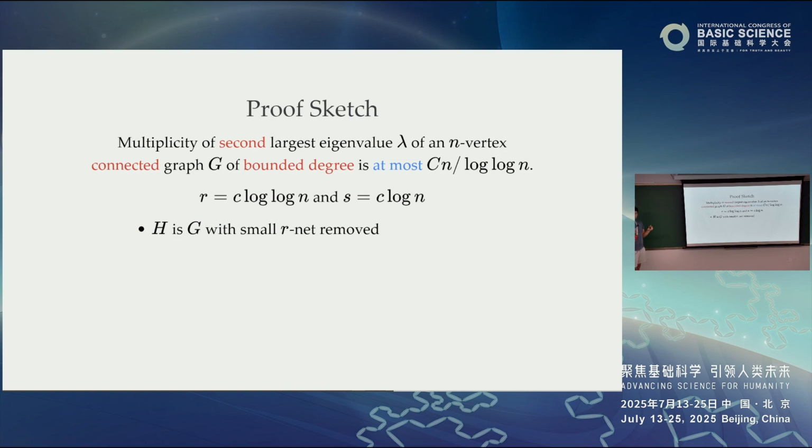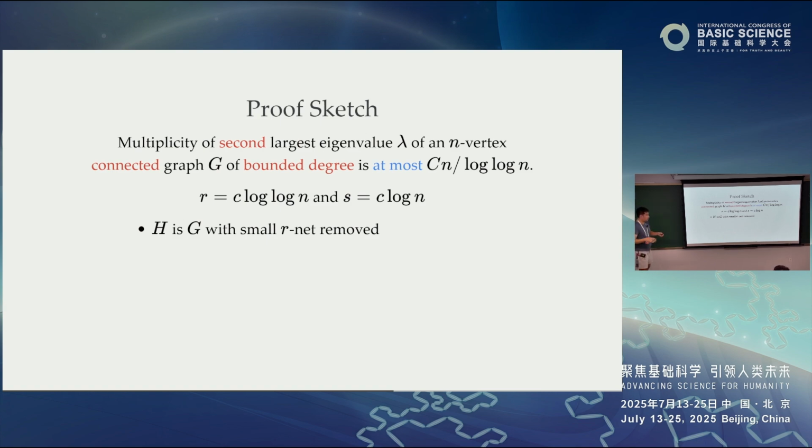In analysis, I hope you've heard about this epsilon net, which means that every point is within epsilon distance from a point set, right? So you're casting a net in your metric space and it captures all the fish. Okay? Here an r-net is similar, which means that you cast out a net of vertices in your graph so that every vertex in your graph is within distance r from one of the points in the net, hence the name r-net.